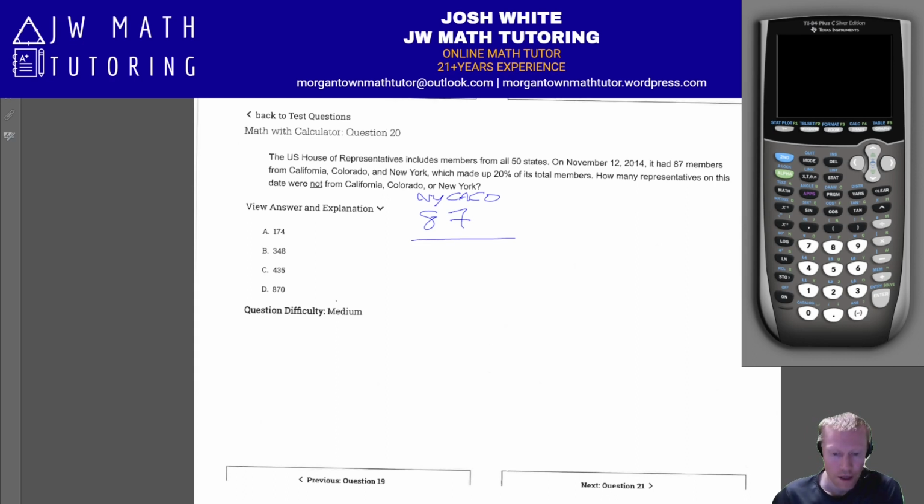And now the total number of members is going to be down here for x. Now, that's not what we're going to be solving for in the end. In other words, we have to do another step after this problem. But just for right now, I'm going to solve for the total number of members in the House of Representatives.